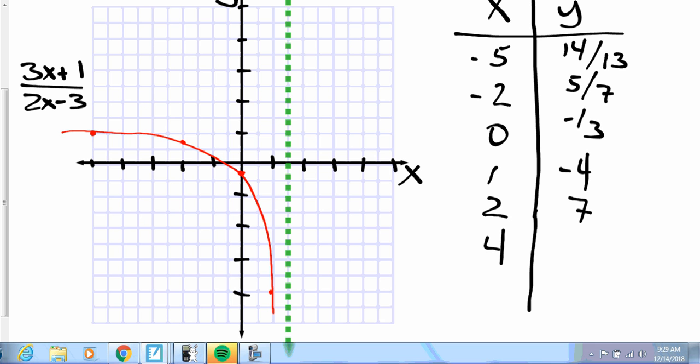At 4, I get 13 over 5, 13 fifths. So 2.5 almost, right? And then how about 5? Let's put 5 in there. 16 over 7.